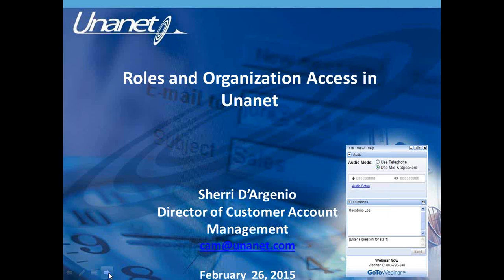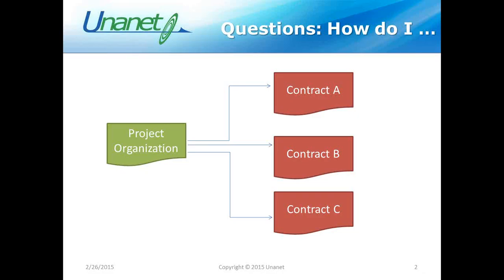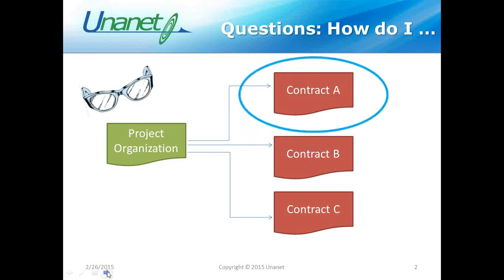So let's get started. We get a number of questions from our customers when we're working with them. Some common questions that we hear are: how do we allow project managers to view only certain projects? We don't want all the project managers to view all the project information.